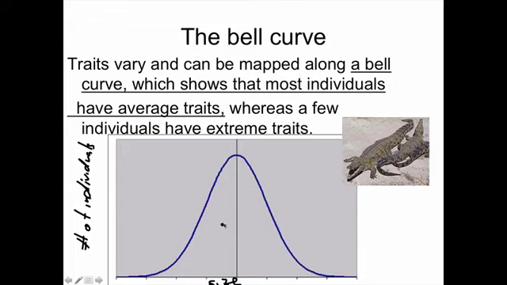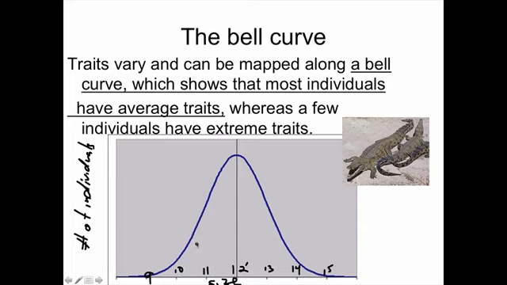Now, if you were to gather all the crocodiles together, you'd find that most crocodiles fall into a certain range for size. Let's say this is 12 feet. I'm just making this up, so I don't know for sure. Let's say this is 11, 10, 9, 13, 14, 15 feet.